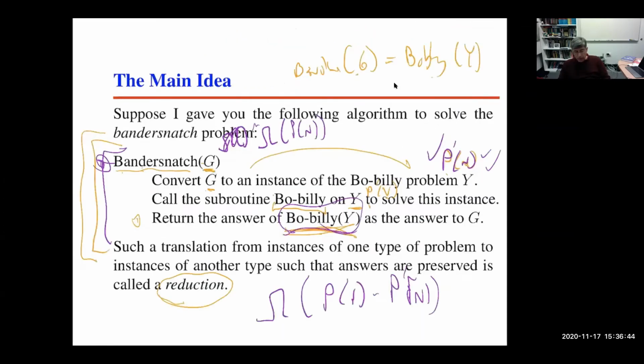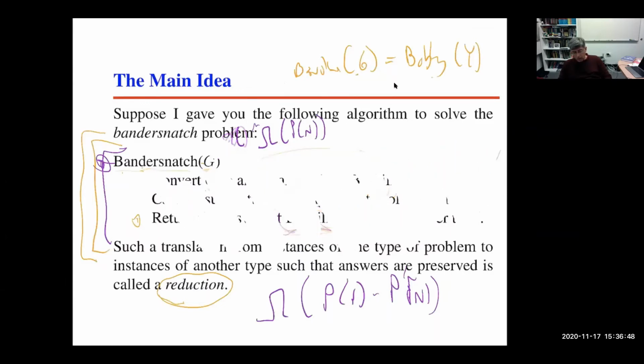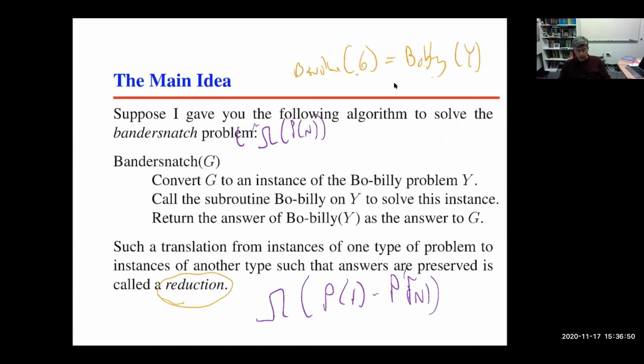Suppose you give me an algorithm like this that solves Bandersnatch by doing a fast translation, and then calling a mobility solver on this translation and returning that. Suppose I give you a correct algorithm on this, and I give you a bound that says the running time here has to be greater than 2 to the n.